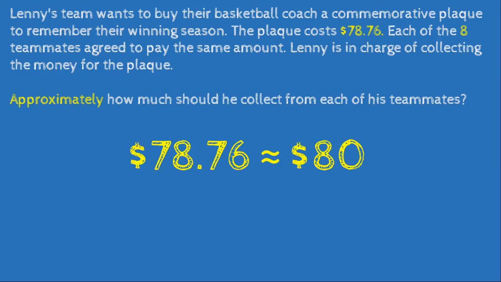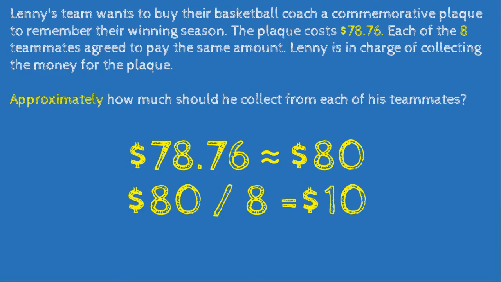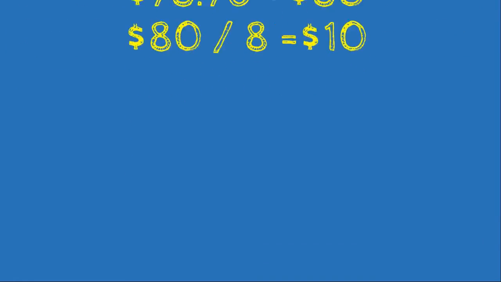So the first thing we have to do is to understand approximate, which is close to the number, but not exactly the number. So for 78.76, the approximate number would be 80. By dividing 80 divided by 8 is 10.